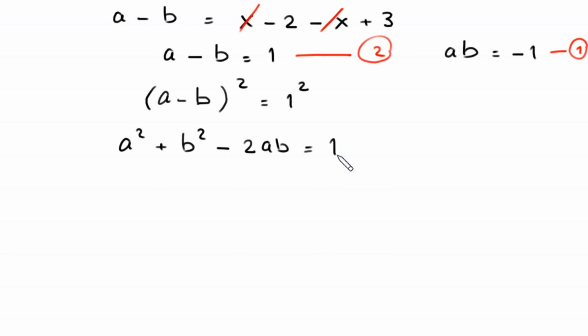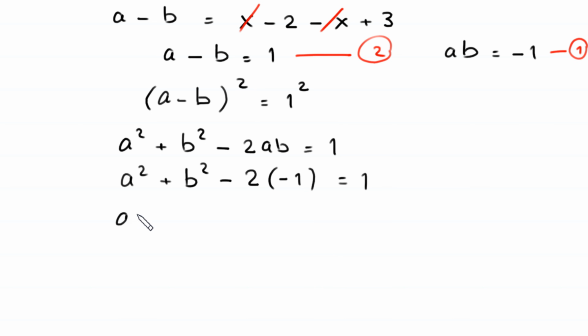Next, a squared plus b squared minus 2 times, we replace ab with negative 1 from equation 1, equal to 1.